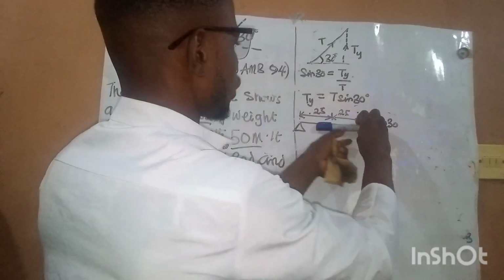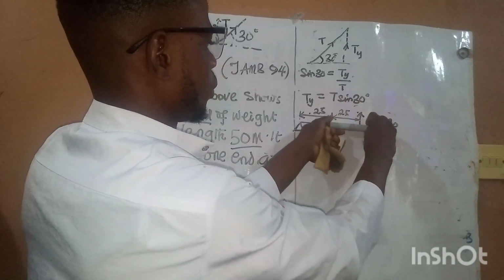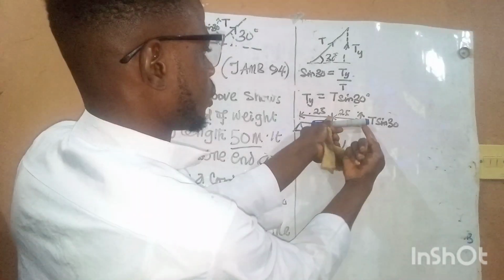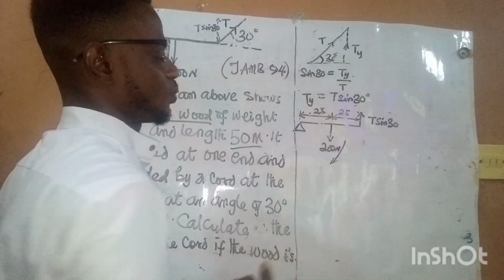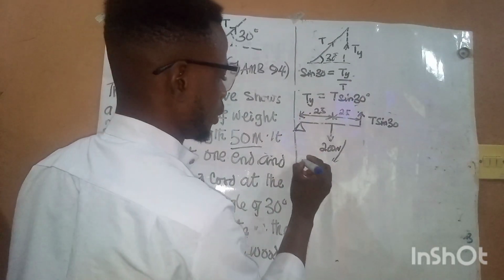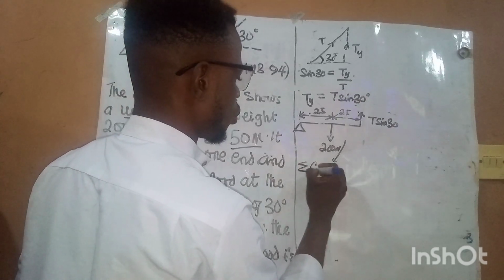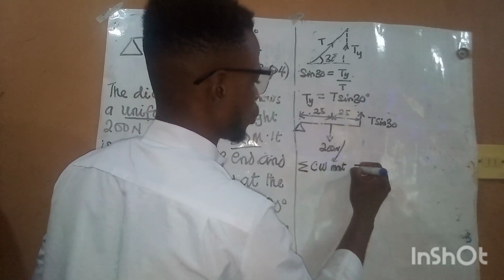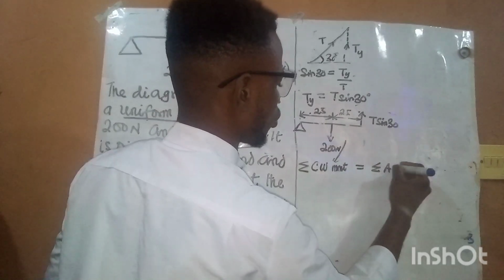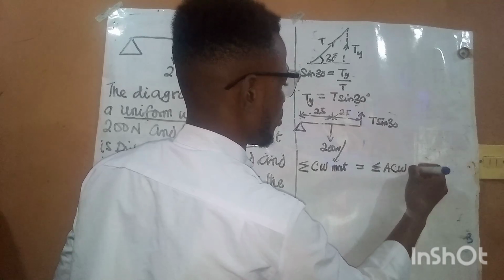While this one, if allowed to act alone, would tend to turn the wood anti-clockwise. In that case, sum of clockwise moment is equals to sum of anti-clockwise moment.